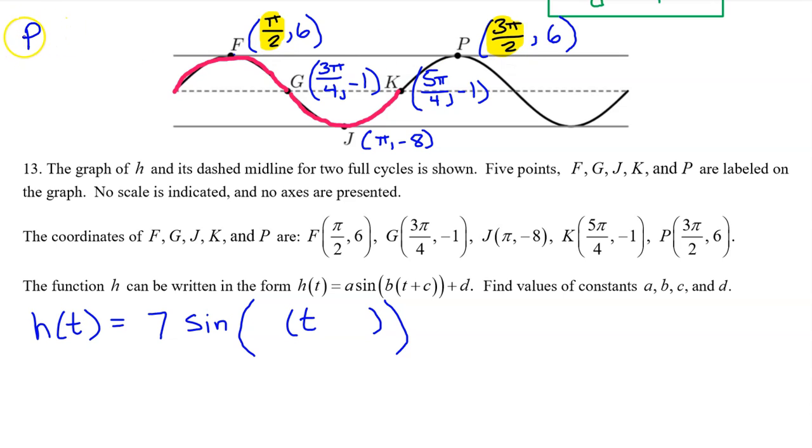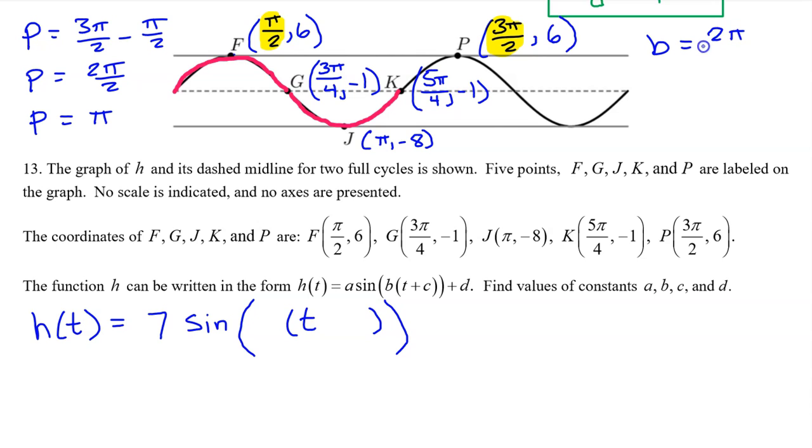So the period is going to be 3 pi over 2 minus pi over 2. 3 pi over 2 minus 1 pi over 2 is 2 pi over 2. The 2's cancel out, and we find that the period is pi. We know that the B value is always 2 pi divided by the period. So in this case, 2 pi divided by pi. The pi's cancel out, leaving a B value of 2.